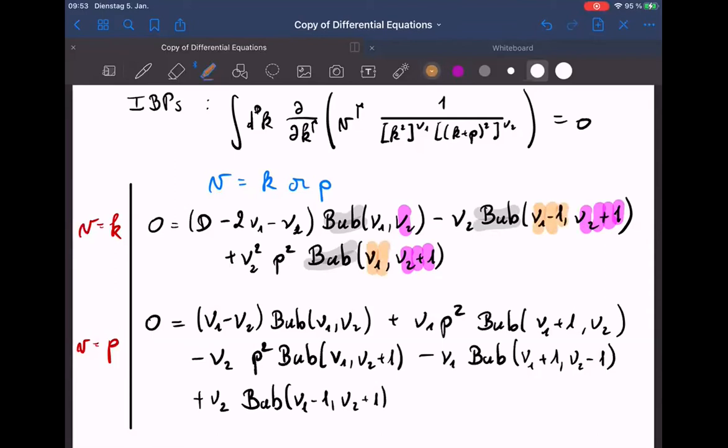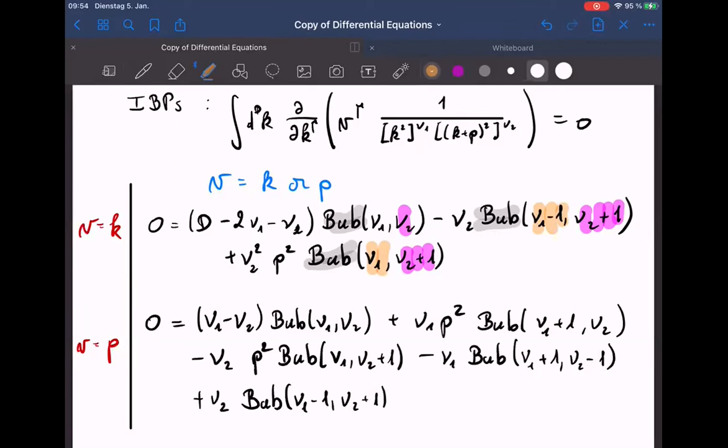So if I start with a fixed integer value for u1 and u2, I will just produce 3 terms with derivative for v equals k, and 5 in the other case, v equal to p. I don't produce an infinite number.